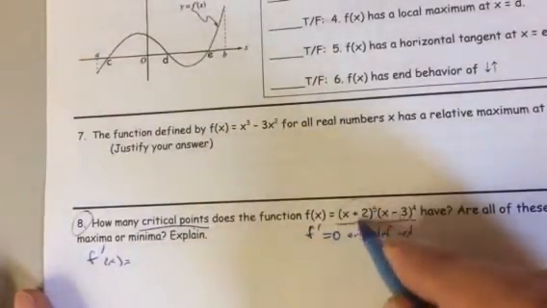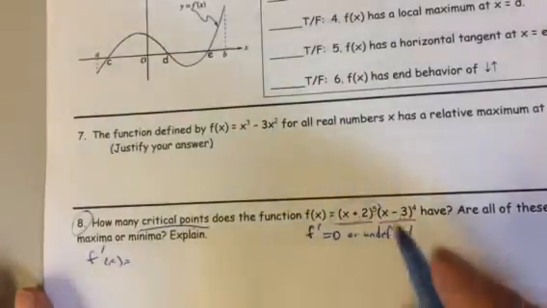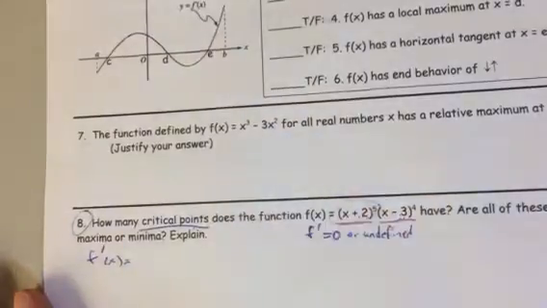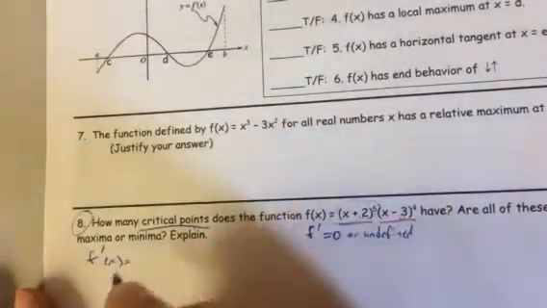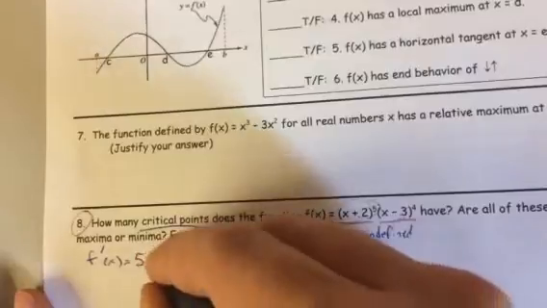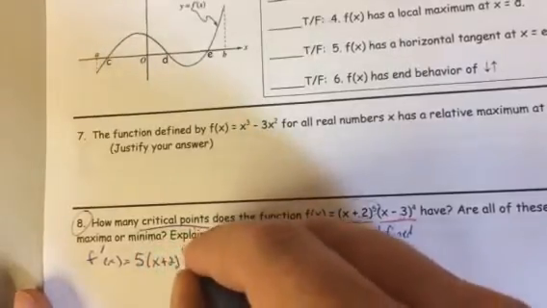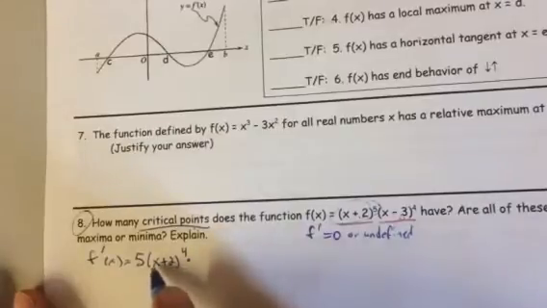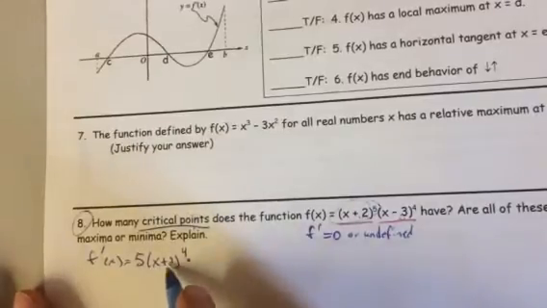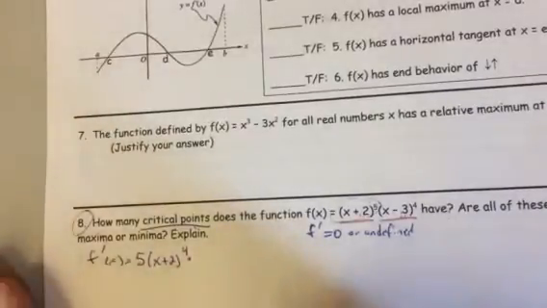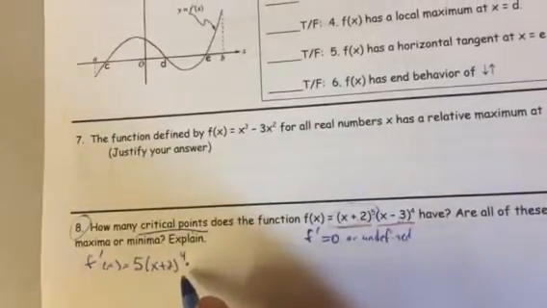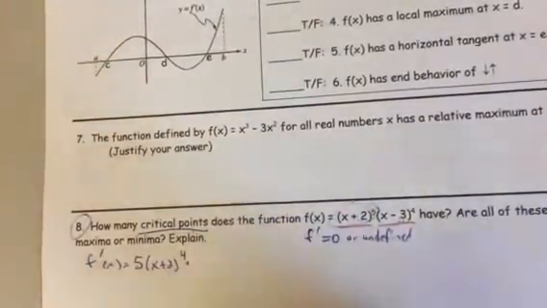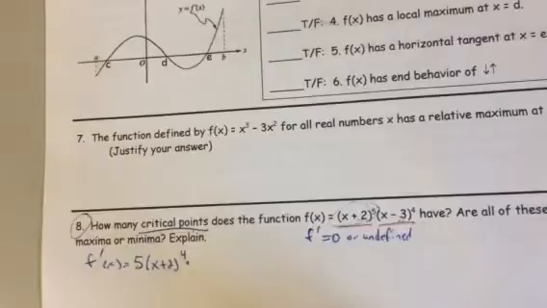When we do the derivative of the first one for the first part of the product rule, this is a chain rule. It's something to the 5th power. So the derivative of something to the 5th power is 5 times that something to the 4th power times the derivative of that something. The derivative of x is 1, and the derivative of 2 is 0, so it's just times 1, which I'm not going to write because multiplying by 1 doesn't do anything. So whenever you have the derivative of x plus something or x minus something, and the derivative is just 1, the chain rule isn't going to do that much for you.